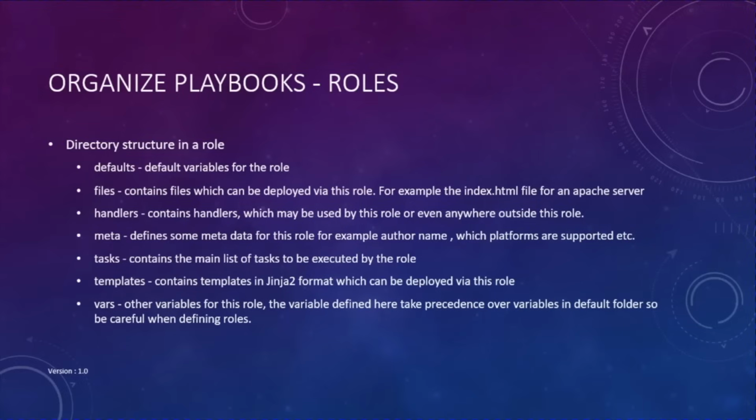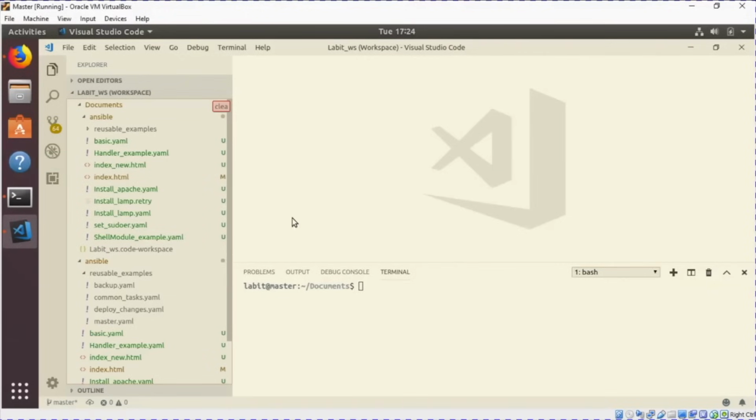This allows us to reuse these roles, so in a case where we only want to install Apache on a set of servers, we can only call Apache, and in the case where we want to install all three, we can call all three roles. Now let's head over to our Ansible controller system.